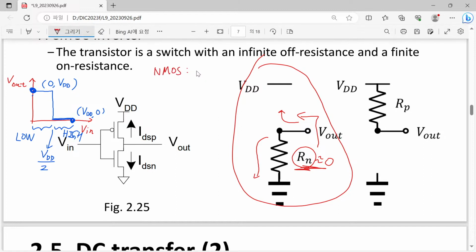Is it in the sub-threshold region, or the linear region, or the saturation region? What is your expectation?